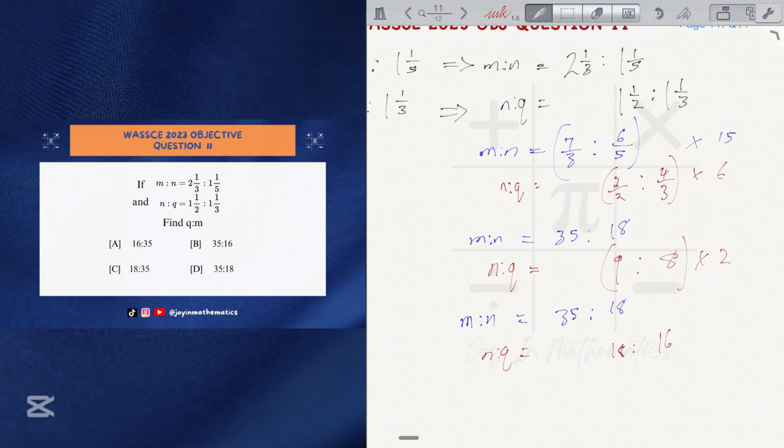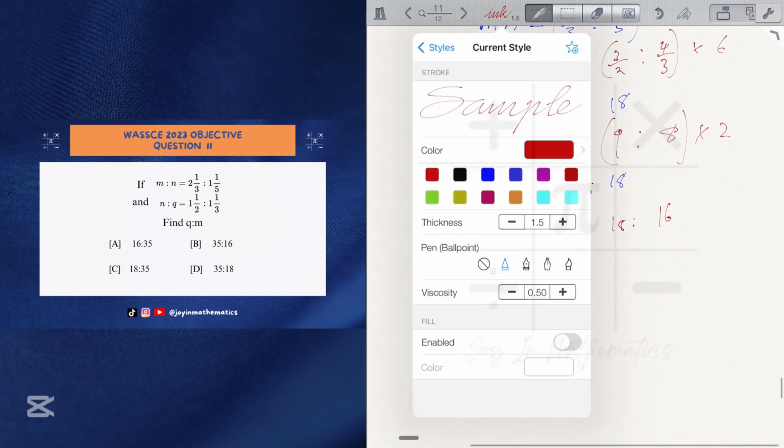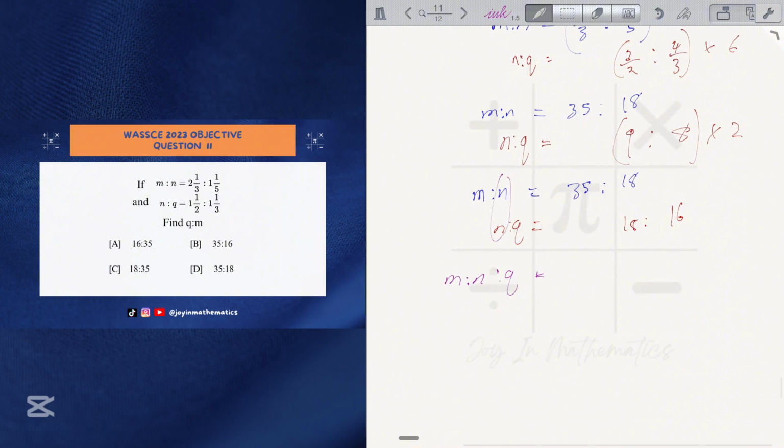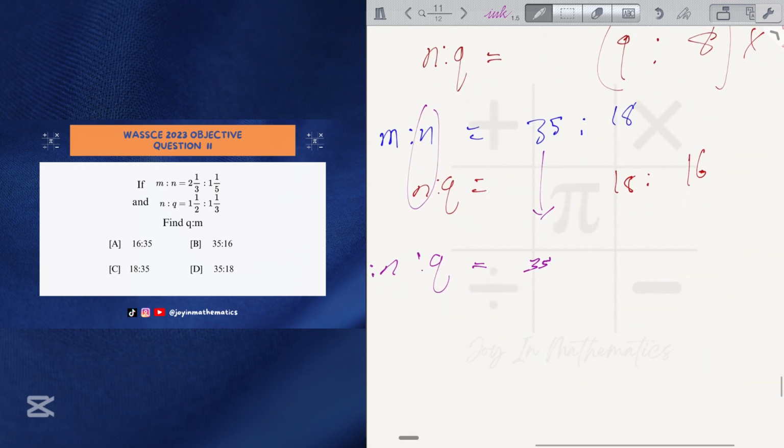Now that these two values of n are equal, we can easily combine the two expressions and say that m ratio n ratio q is equal to 35 ratio 18 ratio 16.